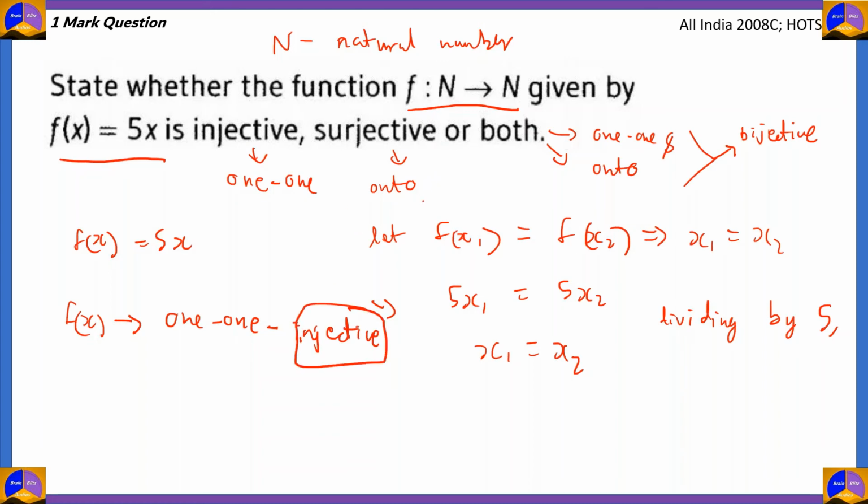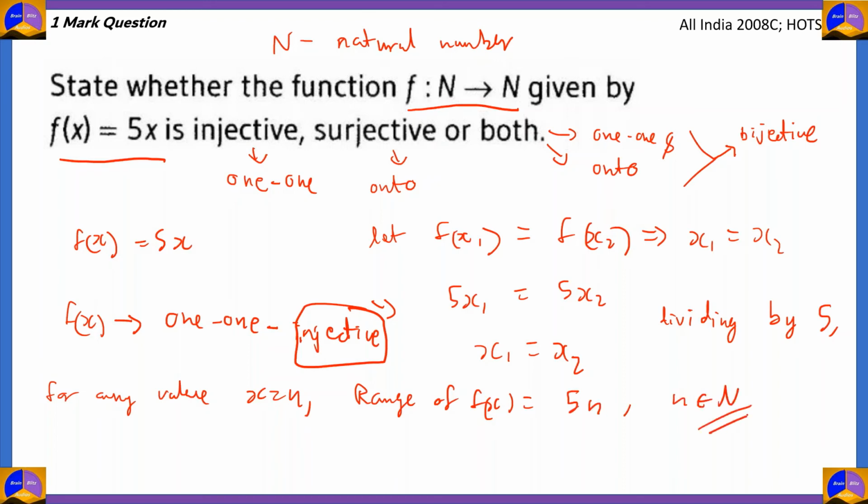Now let's look at whether f of x is equal to 5x is surjective or not. For any value x is equal to n, the value of f of x is equal to 5n, where n belongs to natural numbers.